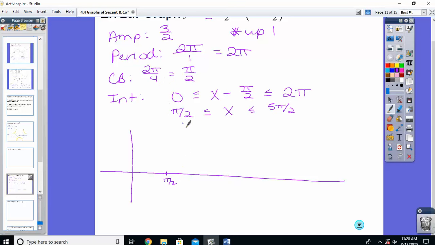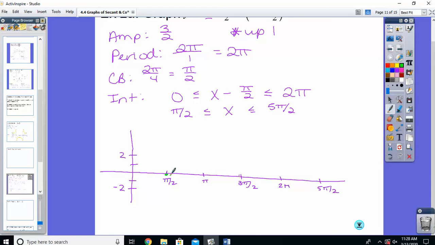So we start at pi over 2 and add pi over 2 each time, so that would be pi, 3 pi over 2, 2 pi, and 5 pi over 2. Would you start out graphing sine or cosine on this? Sine. It was cosecant, so reciprocal of sine.